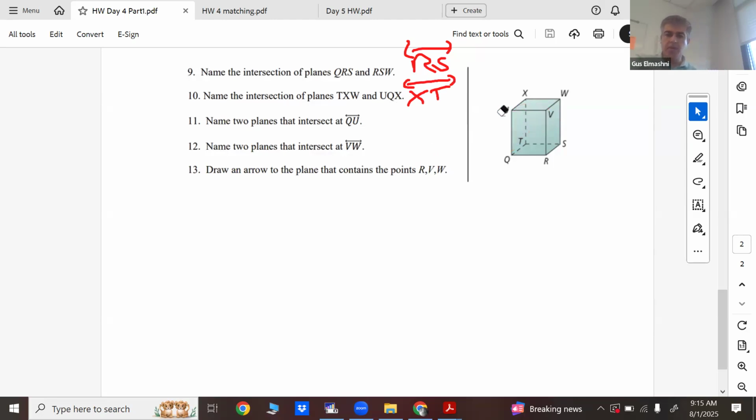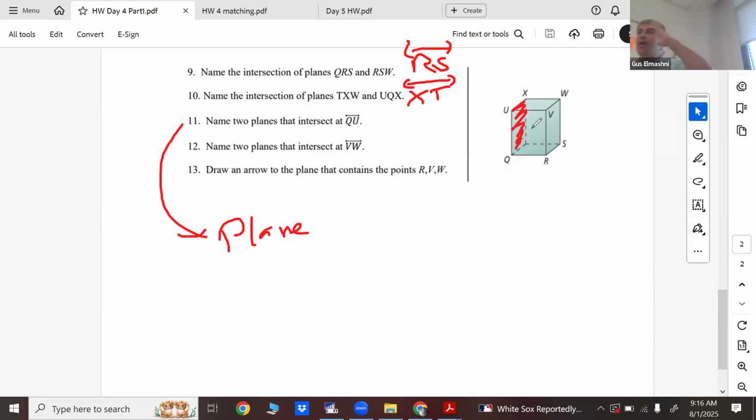And 2 planes intersect at QU. So you could say plane, I'll do it down here because I'm out of space. So UQ is right here. So I want that one and the front one. So I want the left.